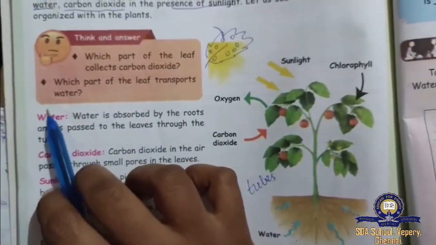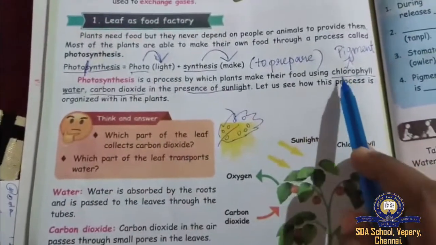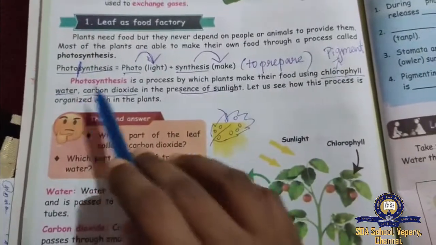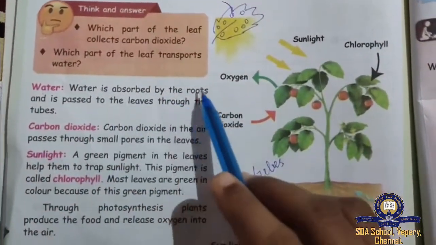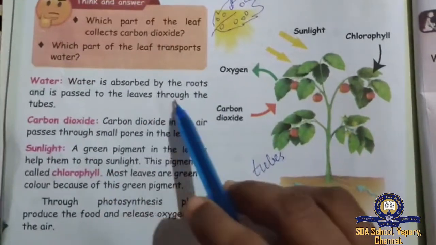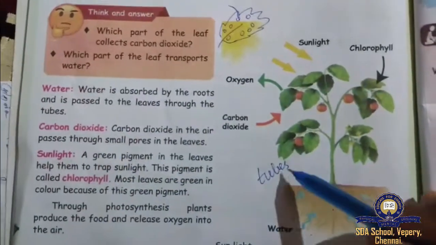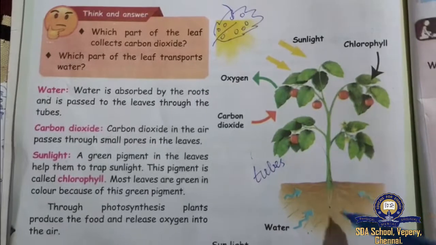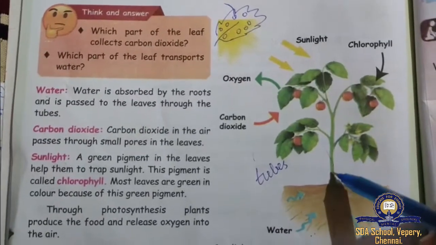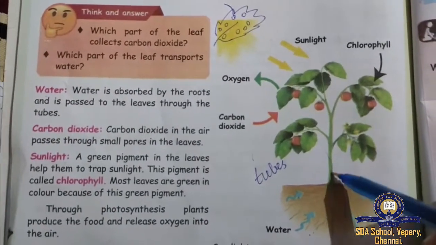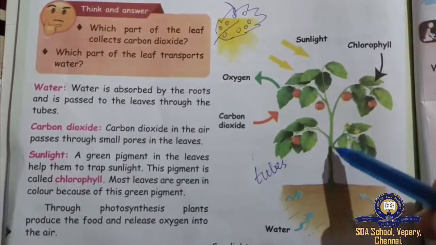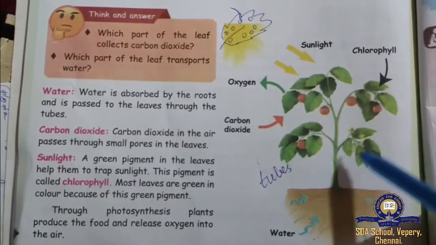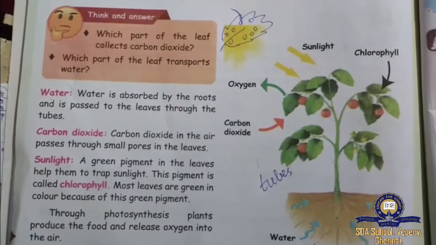Okay, next, water. So we have seen three important things: chlorophyll, water and carbon dioxide. Water is absorbed by the roots and is passed to the leaves through tubes. It passes through all the parts of a plant.